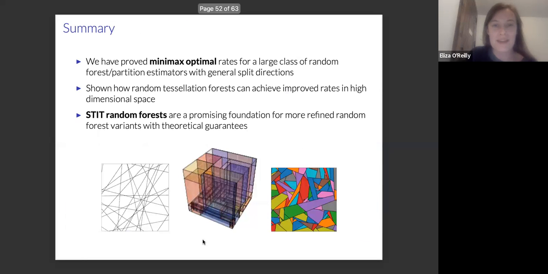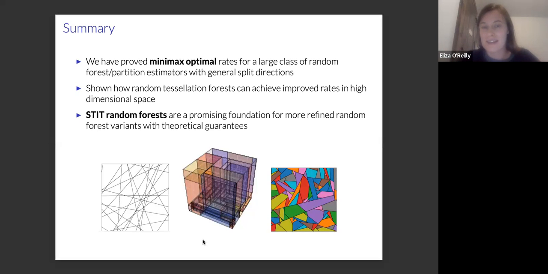Okay, so I'm pretty much out of time, so I apologize for going a bit over, but just to summarize, we've proved minimax optimal rates for a large class of random forest estimators with general oblique split directions, and shown how they can achieve improved rates in high dimensional space. But there's really still tons of work to do here.